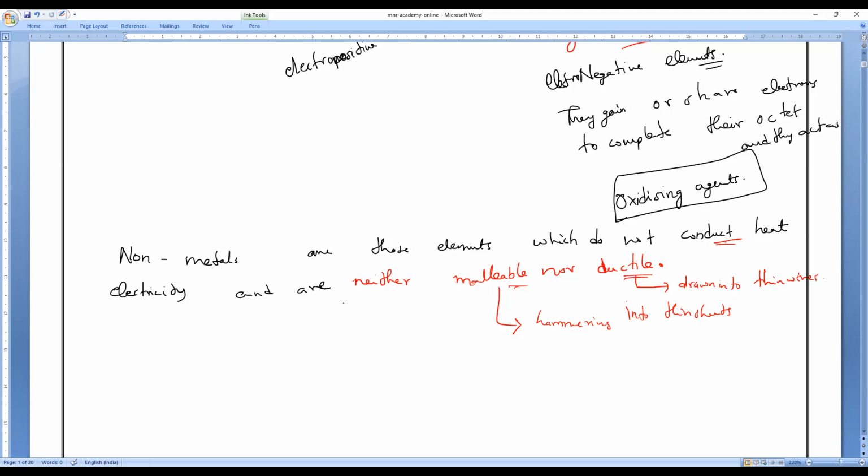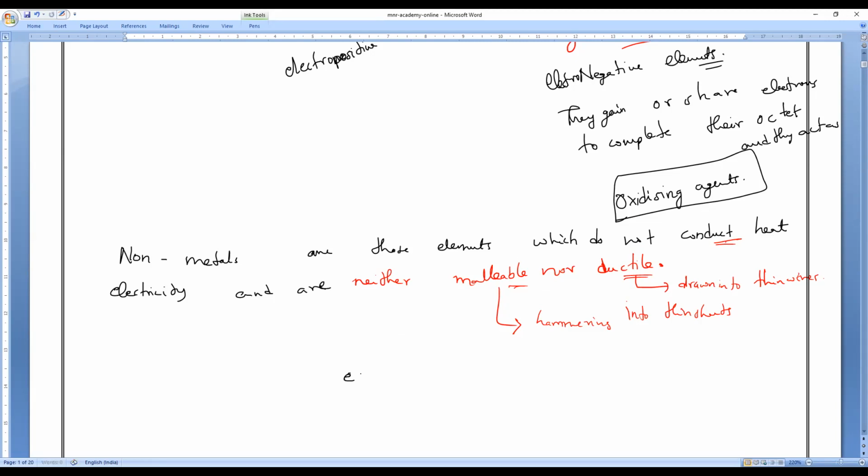Now, non-metals, all of you remember, are neither malleable nor ductile, and they do not conduct electricity as well as heat. So always just the opposite of metals. But metals have an exemption for every physical property, and non-metals also have exemptions. So are they electropositive or electronegative elements?